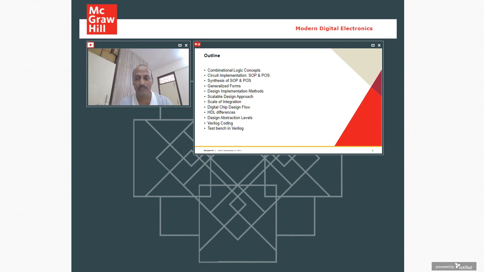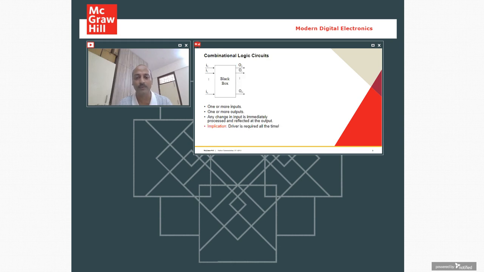So I'll be just giving you a brief outline of all these topics, and many other things are covered in the given book. Okay. In general, in combinational logic, there are one or more inputs and one or more outputs.